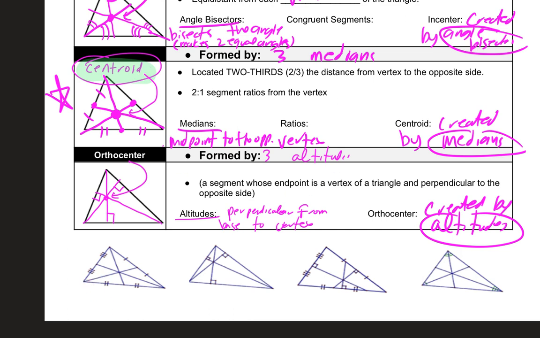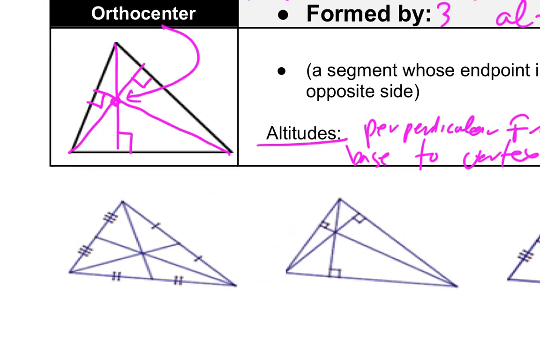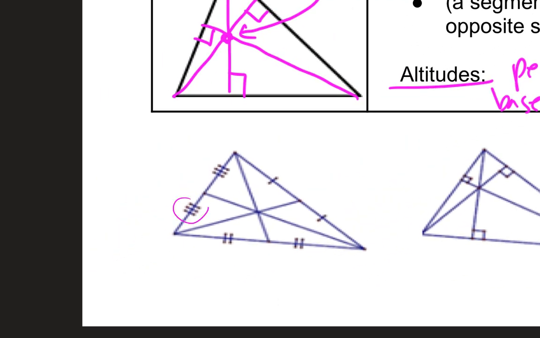All right, let's look at this first one. Let's look at the key information that we should see on this one. Let's look at this hint. This first hint, I see this and this. That tells me this has to be the midpoint, right? If this is equal to this, that means that has to be the midpoint. Then it goes from the midpoint on one end, so we look at both ends and the hints.